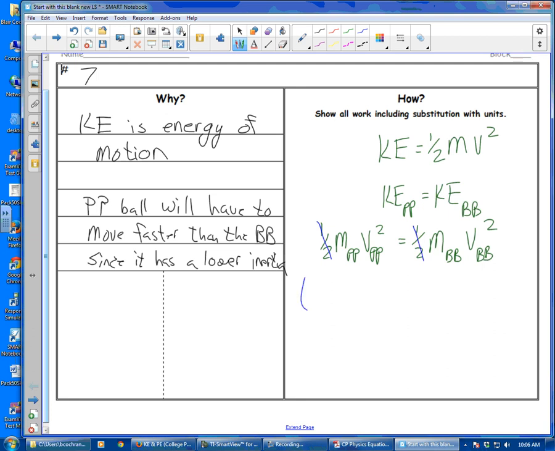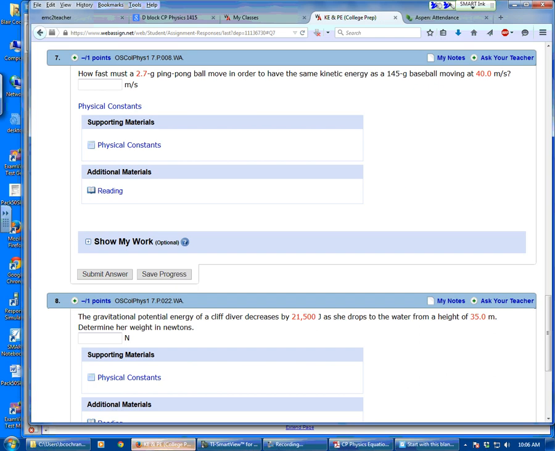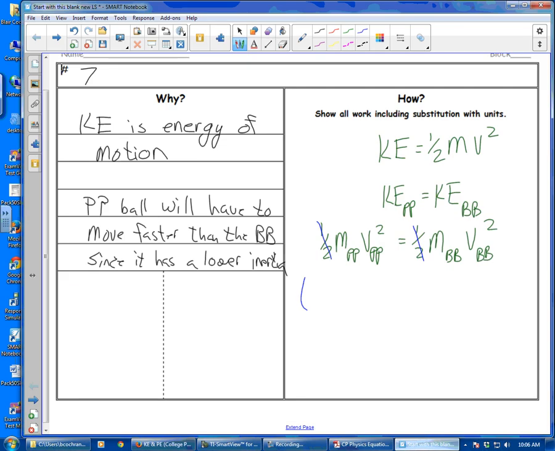Now I can start substituting in the inertia of my ping pong ball, 2.7 grams. What's my base unit of inertia though? Kilograms. So I need to put in 0.0027 kilograms. I don't know the speed of my ping pong ball. That's what I'm looking for.